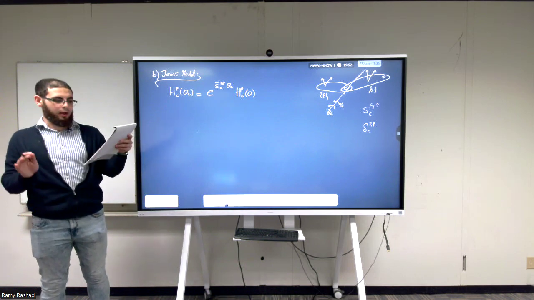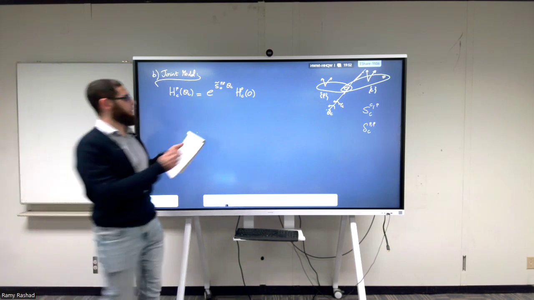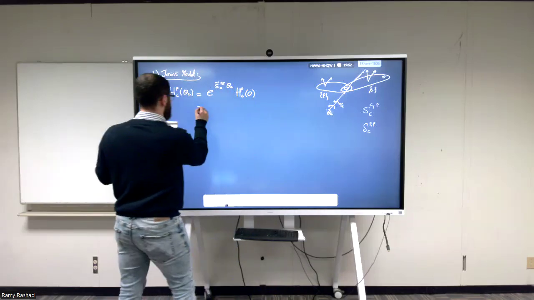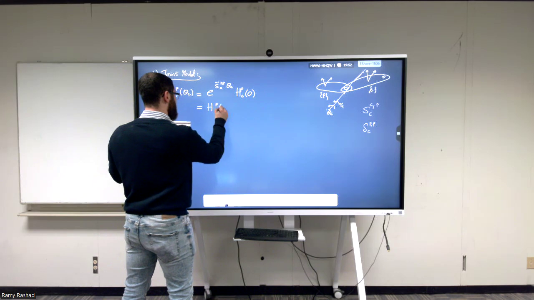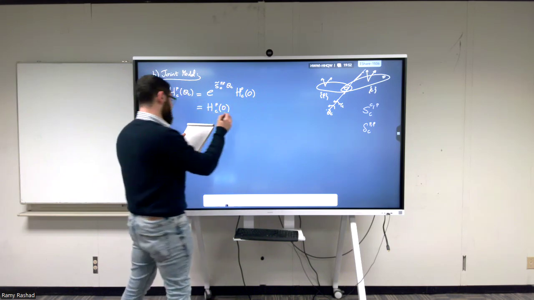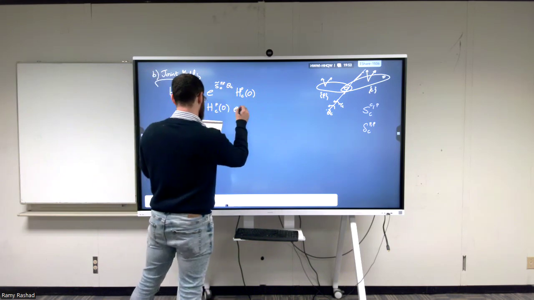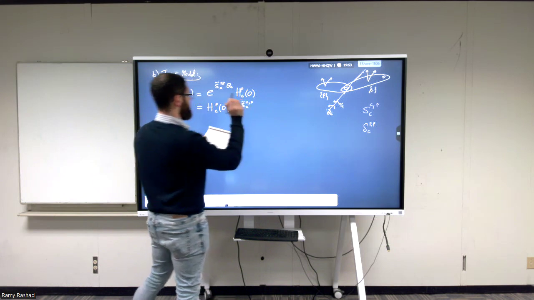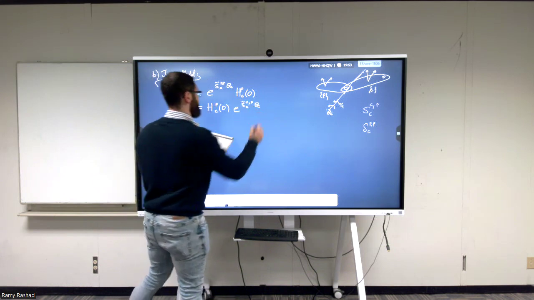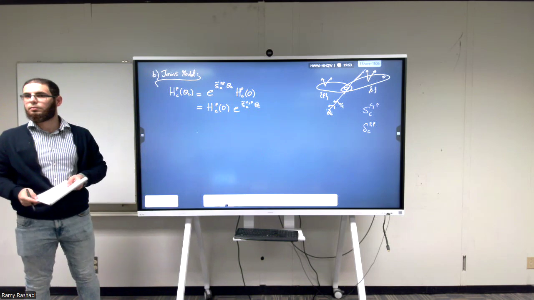You can show for yourself, and it's very easy to do, that this is also equivalent to H_CP from the left multiplied by the exponential of S_PC with respect to P expressed in the C frame multiplied by theta_C.